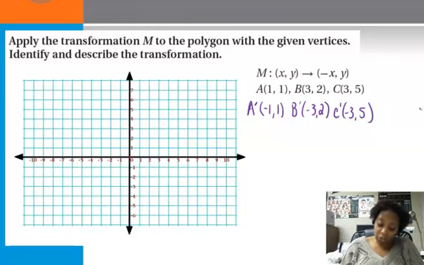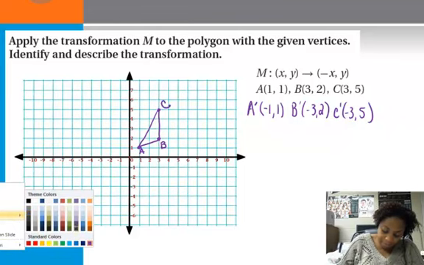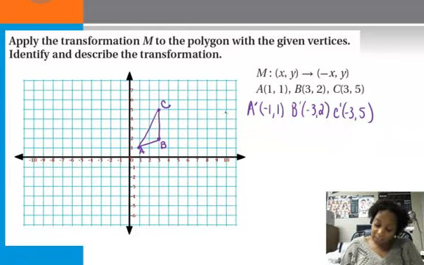So I'm going to plot the original first. 1, 1, that's A, 3, 2, B, 3, 5, that's C. So here is our original, A, B, C. I'm going to do the image in a different color. And the image is negative 1, 1, that's A prime, negative 3, 2 is B prime, and negative 3, 5 is C prime.